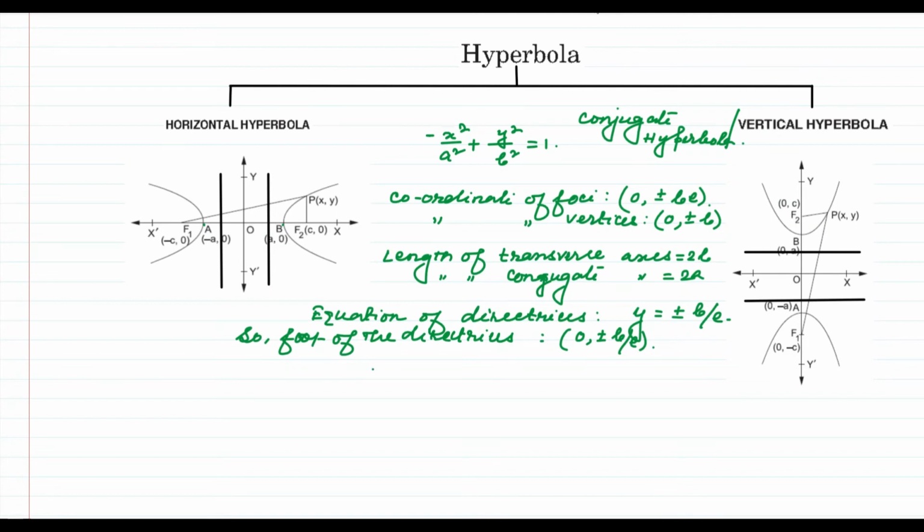What is the eccentricity now? The eccentricity e is the square root of b square plus a square by b square, or we can write root over b square plus a square by b.